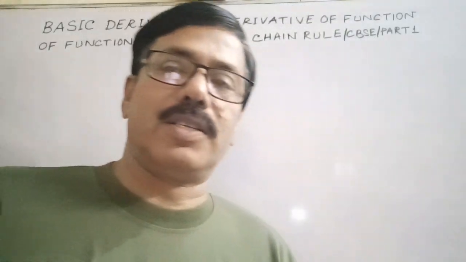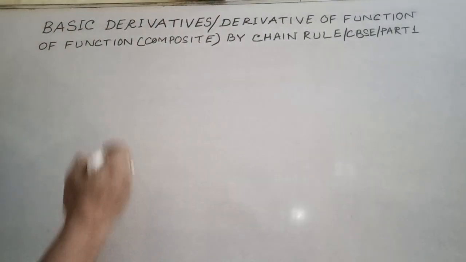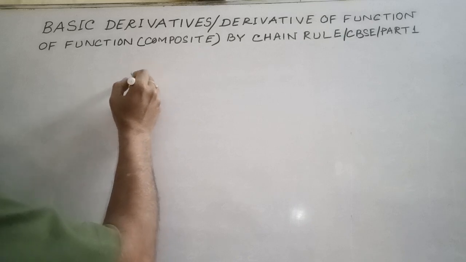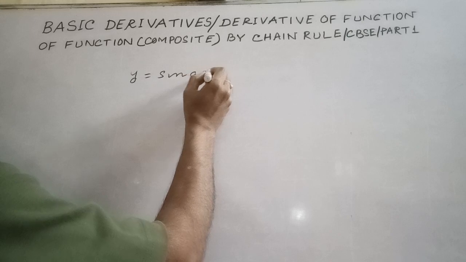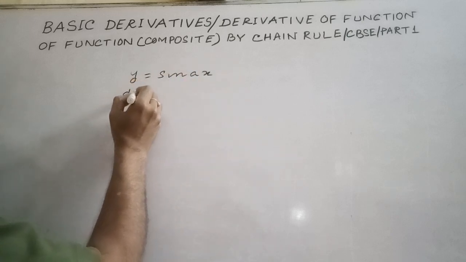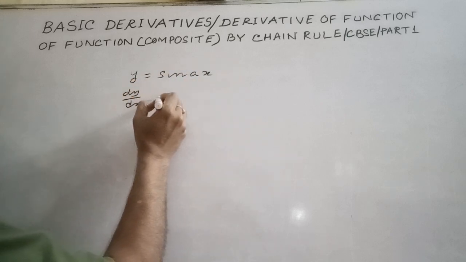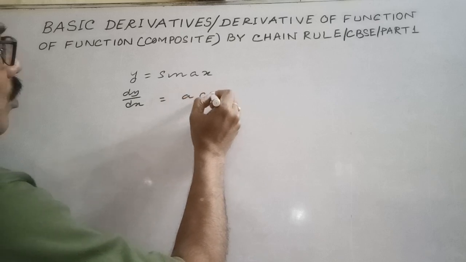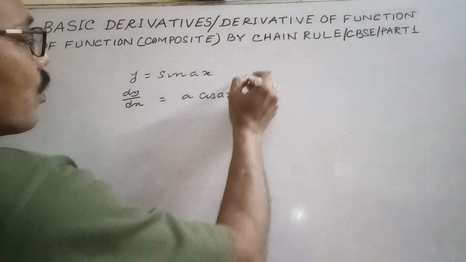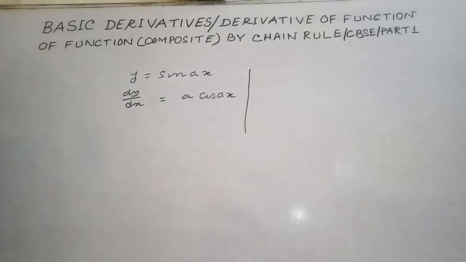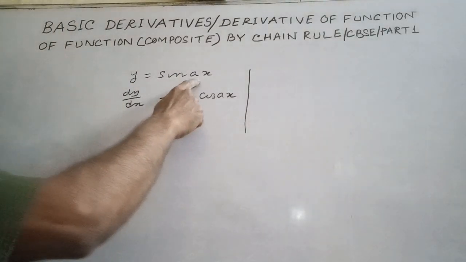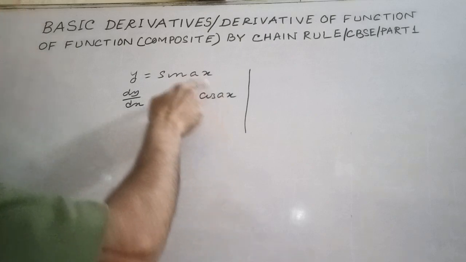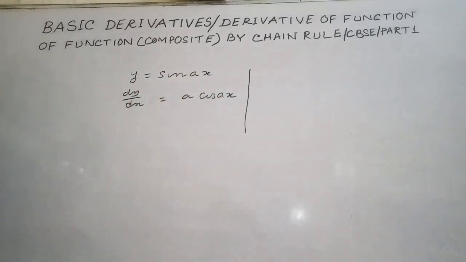So what is function of function? We know if y equals sine ax, then dy by dx equals a cos ax. This one, so the argument is linear, so cos ax into the coefficient of x.